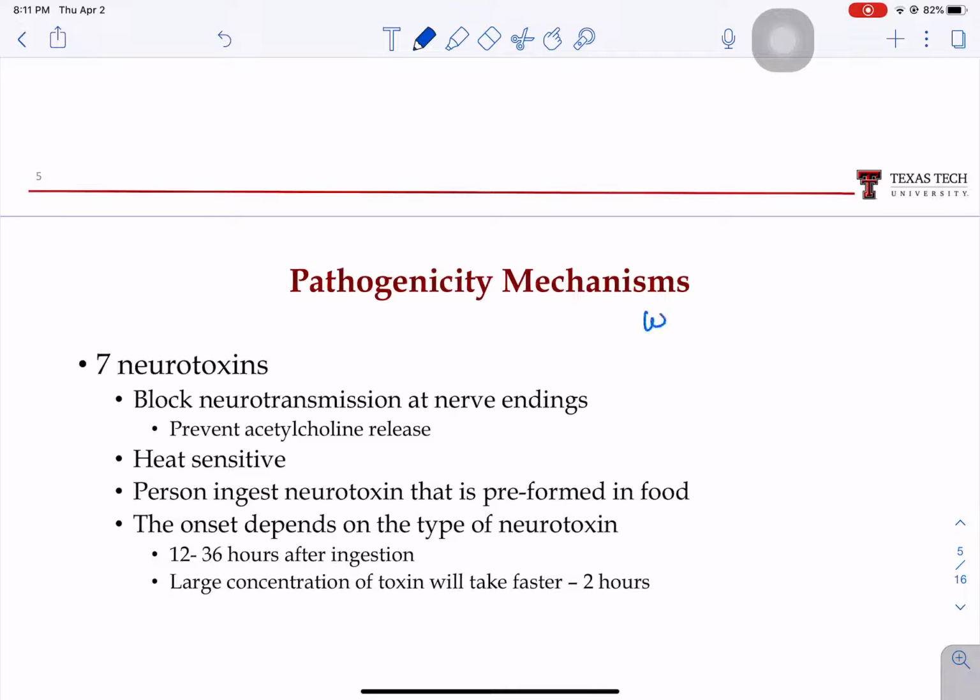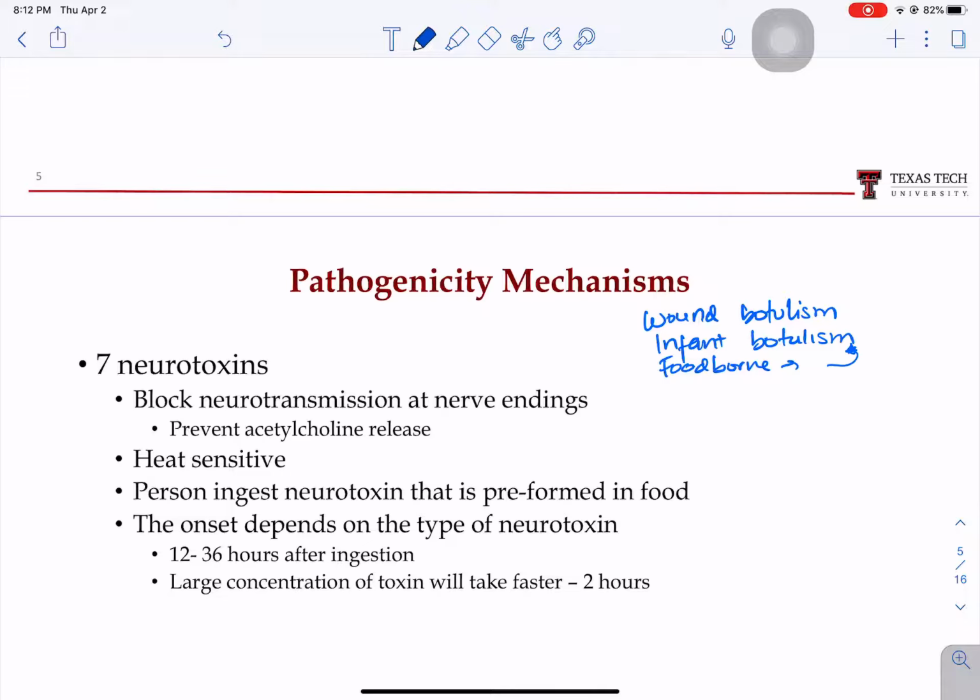So we have wound botulism, we have infant botulism, we have the foodborne, also caused by the botulinum toxin, and it's similar to the infant, but there's just a little difference here. So all of these are neurotoxins, so they're going to work as toxins.